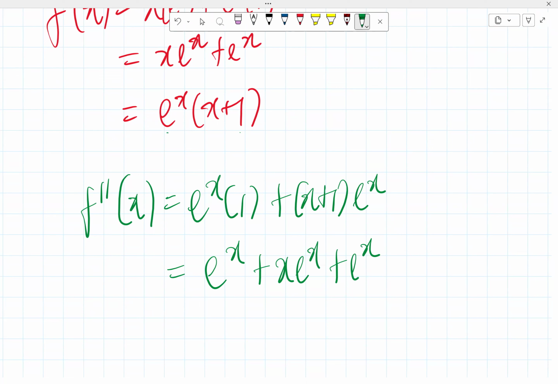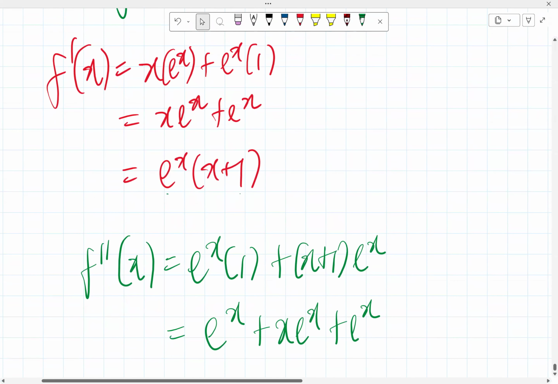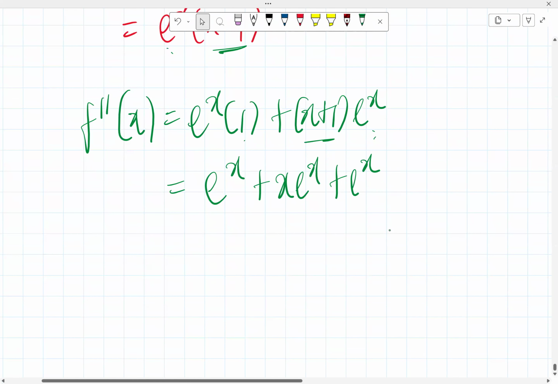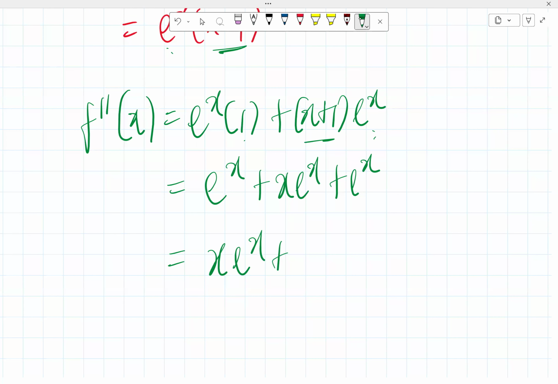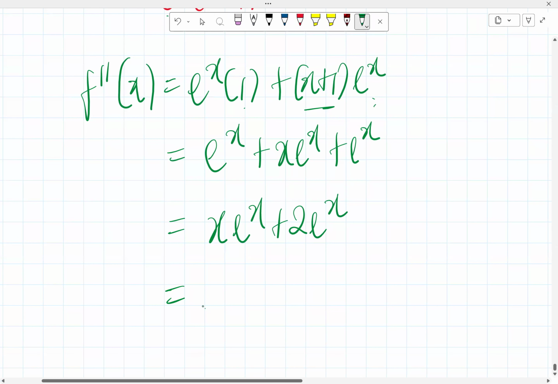Is that correct? I think so. u dv dx, differentiate this, you get 1. Then v du dx, we get this. So now we have e raised to power x into, well, we can still tidy this up. So this is x e raised to power x plus 2 e raised to power x. So we have e raised to power x into x plus 2.